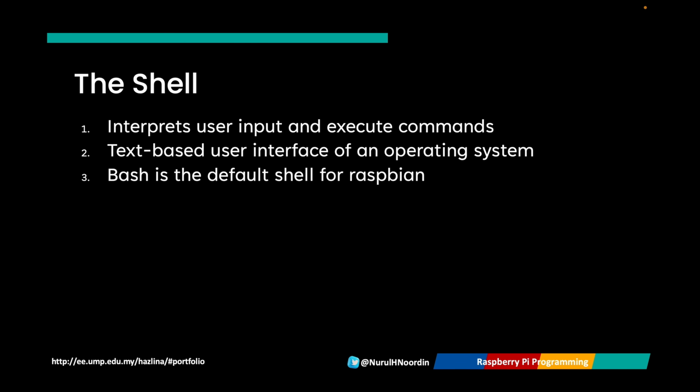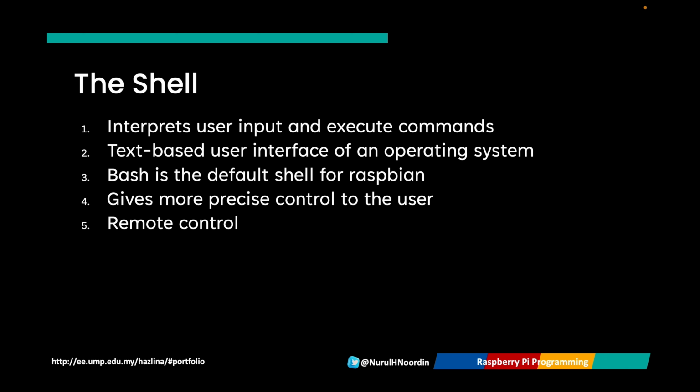Bash stands for Born Again Shell and is one of the most widely used command line interfaces in Linux. Using the shell gives users more precise control over the system, whether managing files, configuring networks, or automating tasks.